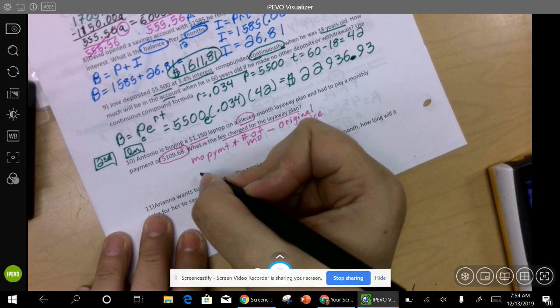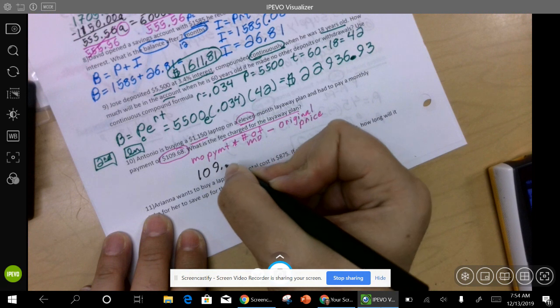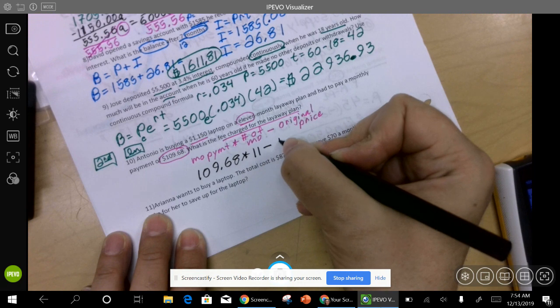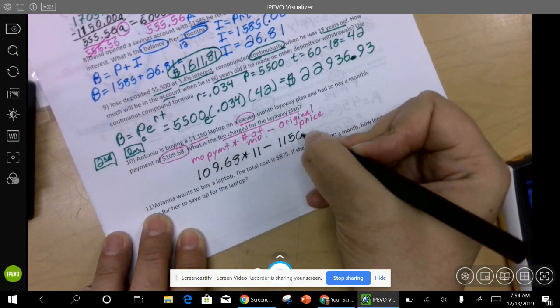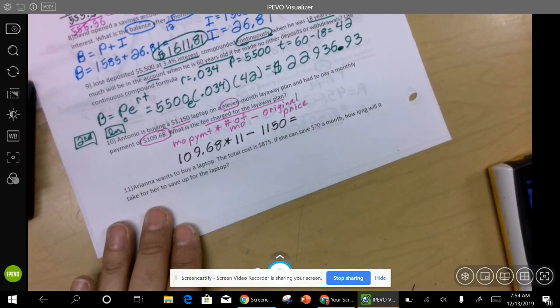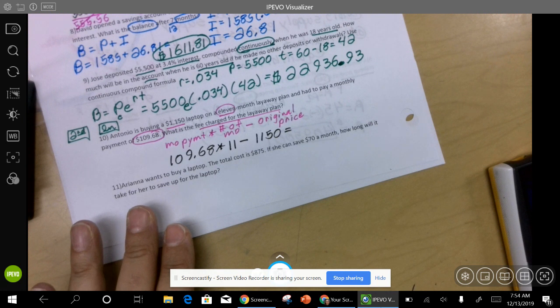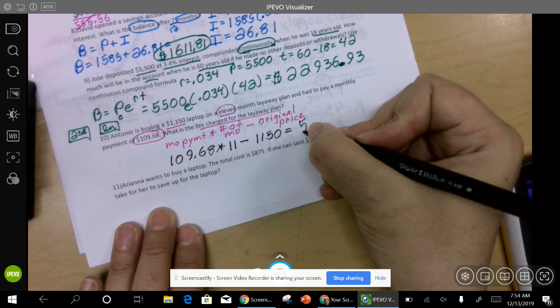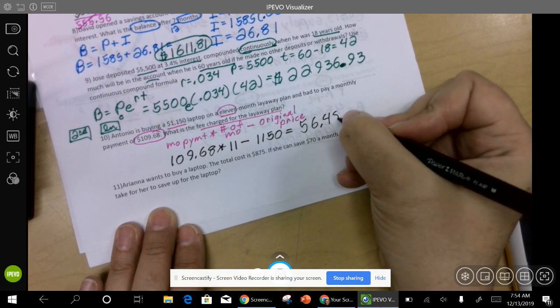So it's 11 months. So the monthly payment amount times 11 months minus the original price. Okay, so I got $56.48.